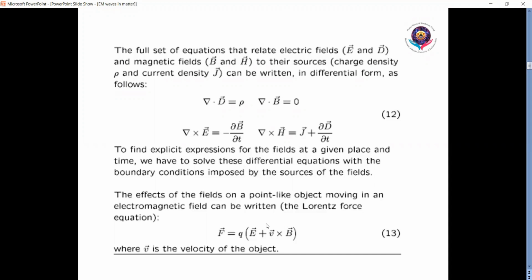The total force due to the electric and the magnetic field is given by the Lorentz force equation. The first term is the force due to the electric field, and the second term is the force due to the magnetic field. Since for a stationary charge there is no magnetic field, the charge will be moving with the velocity v.